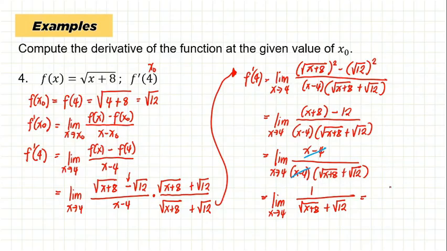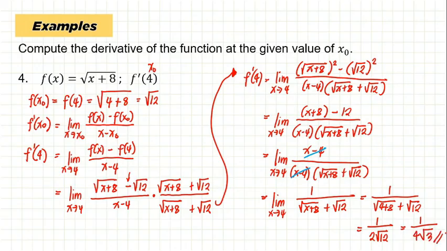So we can now do direct substitution. So we will have 1 over square root of 4 plus 8 plus square root of 12. And this is just equal to 1 over square root of 12 plus square root of 12. We have 2 square root of 12, or this is also equal to 1 over 4 square root of 3.